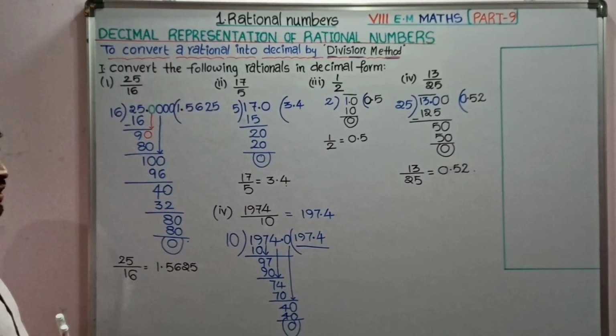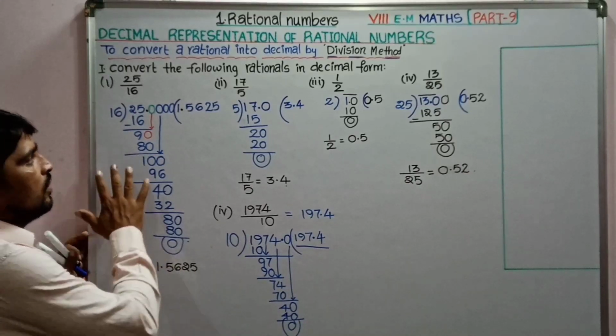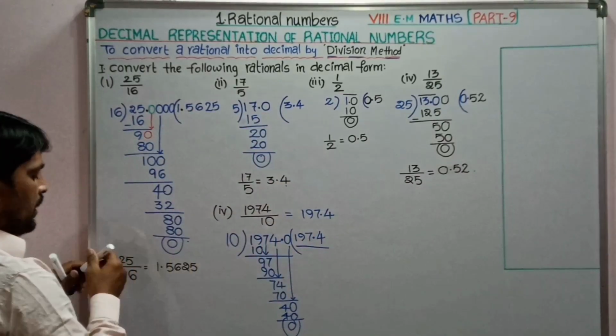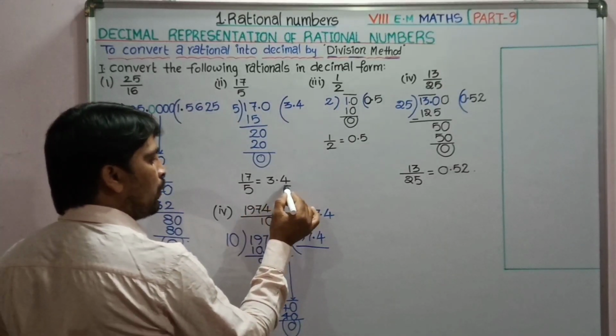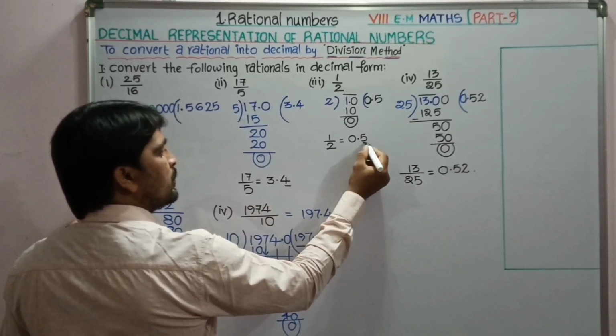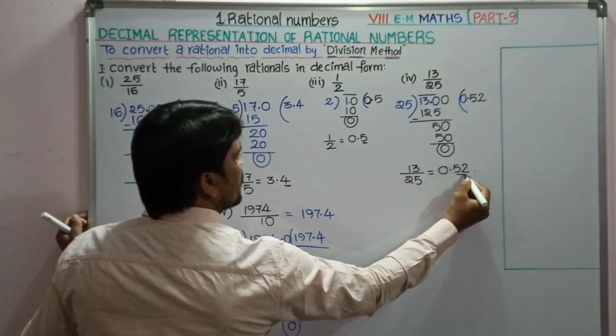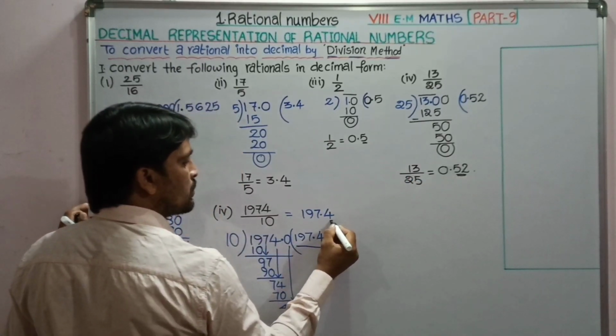Observe the decimal places of all these examples. Here we have 4 decimal places, here only 1 decimal place, here also only 1 decimal place, here 2 decimal places, and here 1 decimal place.